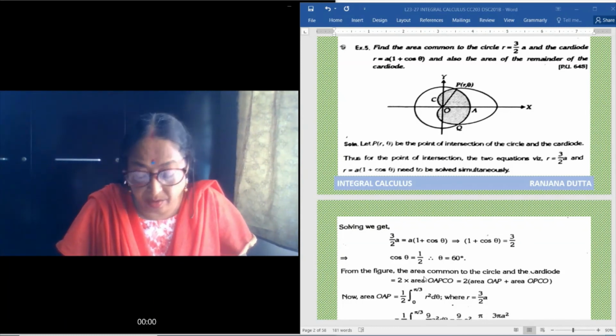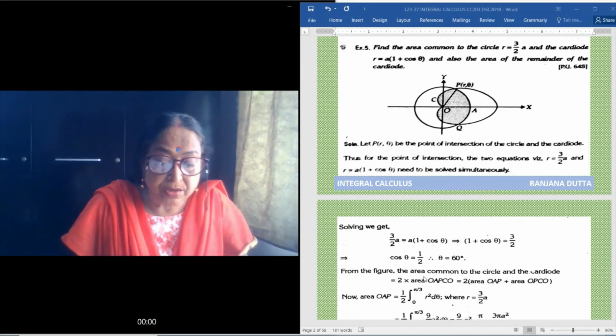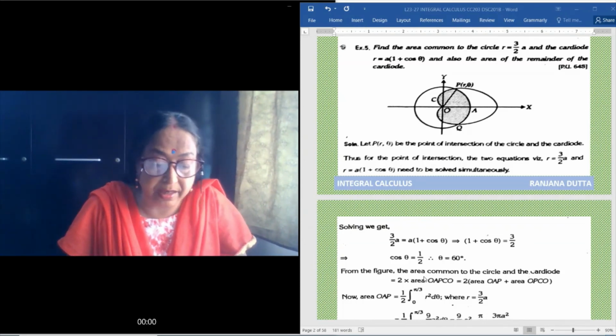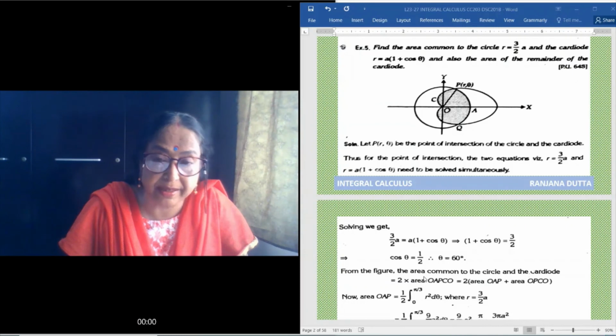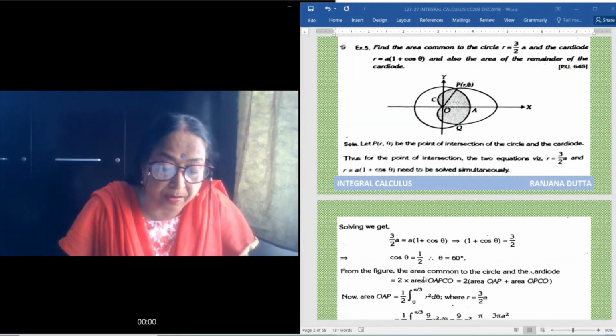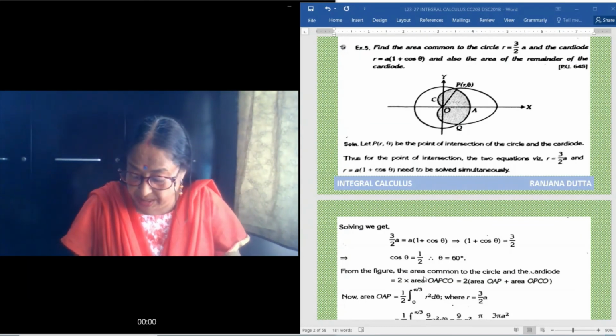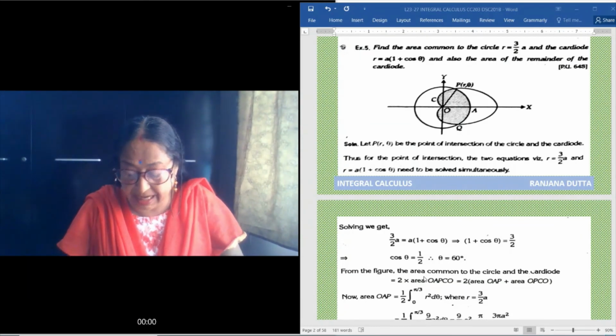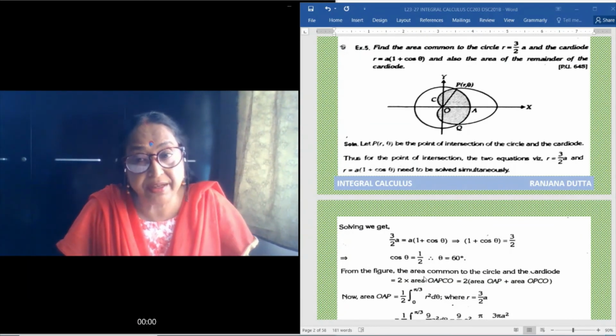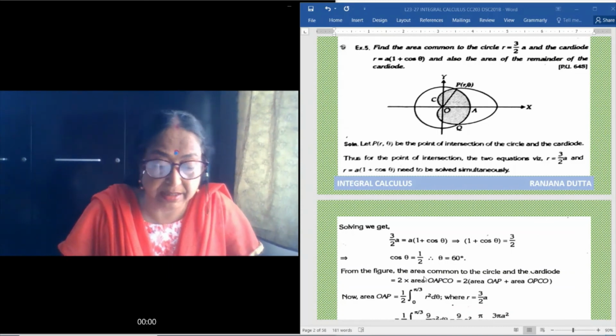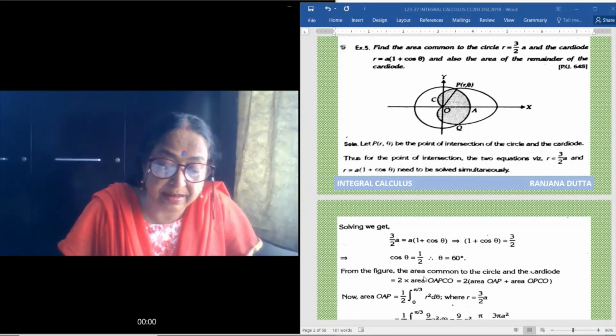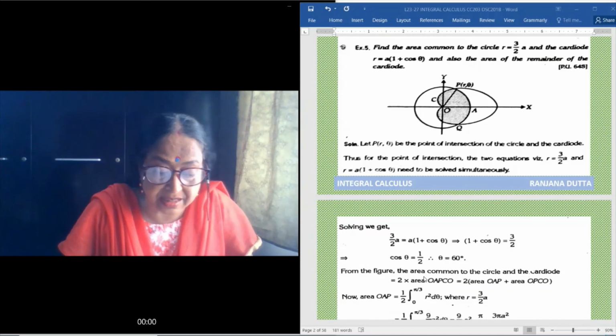OPCO and OAP. So in OAP it is half r square d theta. The limit of theta will be from 0 to pi by 3. How is it? It is calculated and given. You can follow it, and we can see theta is equal to 60 degrees.